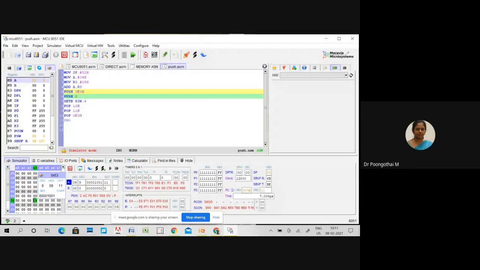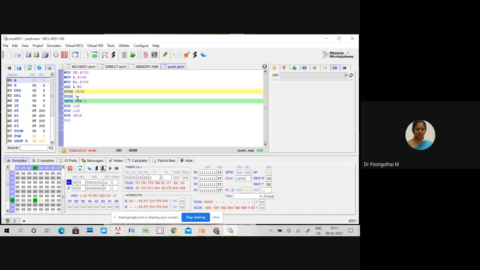Look at the small window, you can see 53 holds 09. Next I will execute push 0. So R0 holds 05, and that is pushed into the stack memory. This is 53 and this is 54. Now 54 holds 05.